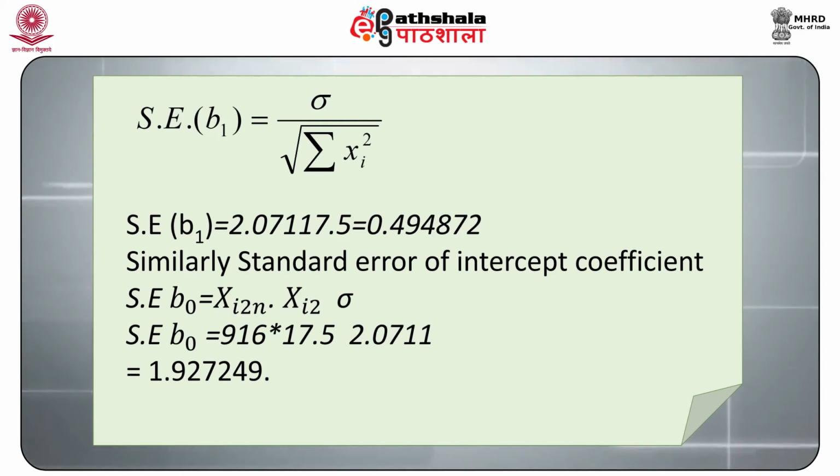Similarly, standard error of intercept coefficient can also be obtained, which is nothing but standard error B0, and after substitution in the formula, what we obtain is this comes out to be equal to under root of 91 divided by 6 into 17.5, and whole of this is multiplied by 2.0711, and on simplification this comes out to be equal to 1.927249.